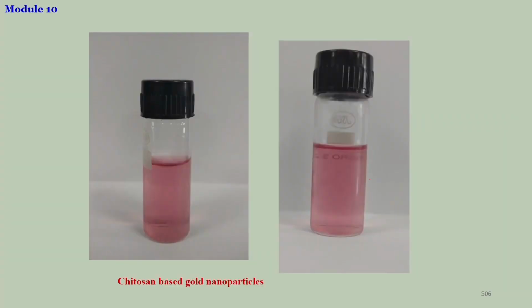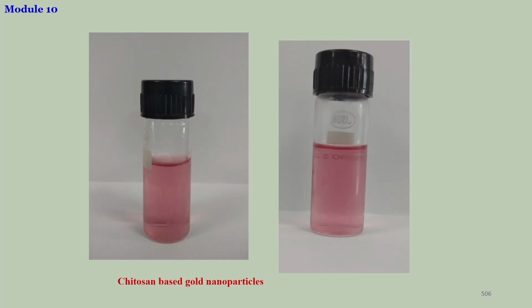This pink color actually demonstrates that your nanoparticles have been formed. And in this case, the nanoparticles are well dispersed in the solution. It is not precipitated out, because this is typical for gold, because gold nanoparticles are so small that you usually cannot precipitate it out. They are dispersed in solutions and they show color.